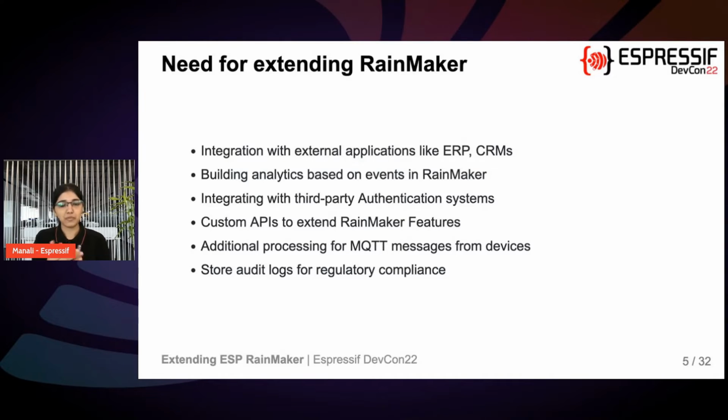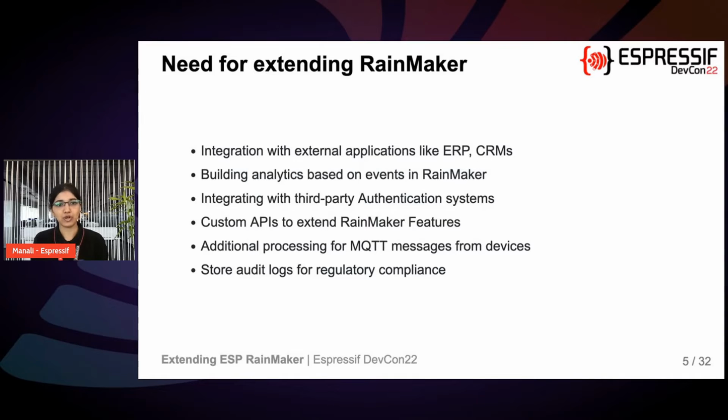Some of the examples listed here are integration with external applications like ERP or CRM. You would have your own ERP or CRM systems wherein you need to ingest data, get data, or do something there. Then there would be analytics based on the events, to do some analytics for your business. Then there is integrating with third-party authentication systems.